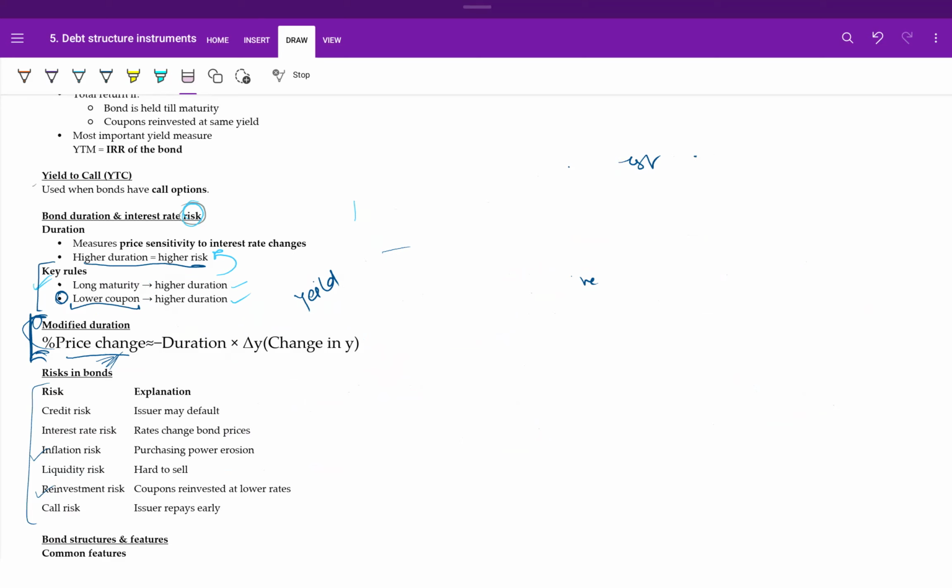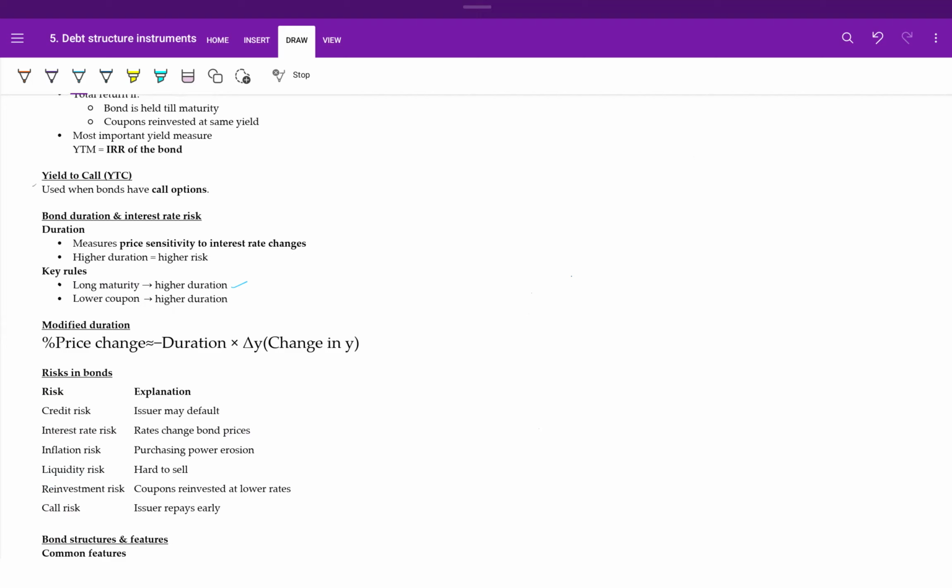Reinvestment risk in bonds is the risk that the cash flows you receive from the bond, coupon payments or principal when the bond matures, will have to be reinvested at a lower interest rate than the bond originally paid you. So think about how it works.